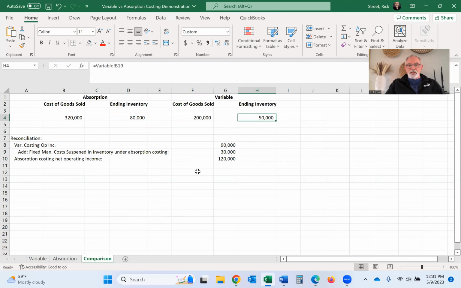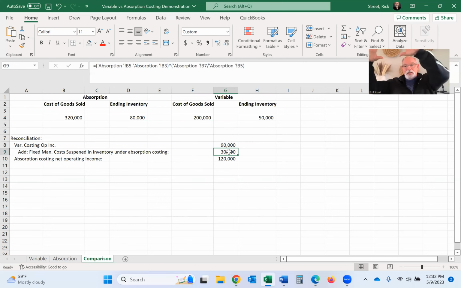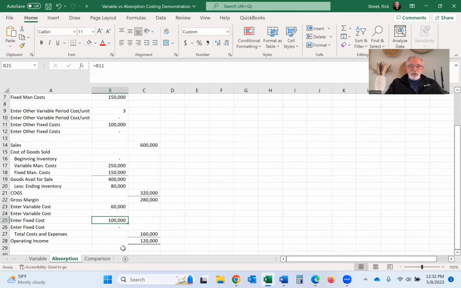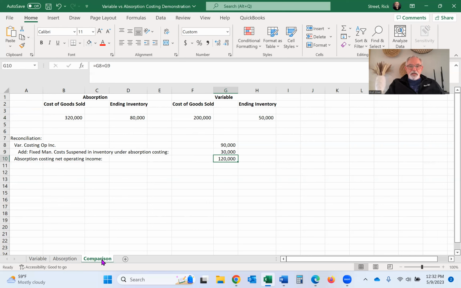To reconcile these two, we take the operating income under variable costing and add the additional fixed manufacturing costs suspended in that big ball up in finished goods, and that equals 120,000, which is in fact equal to the absorption costing operating income.